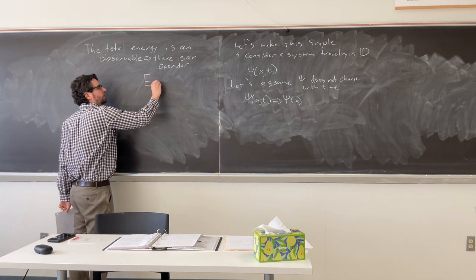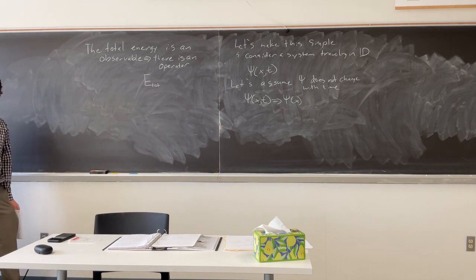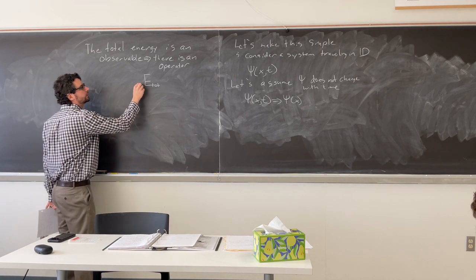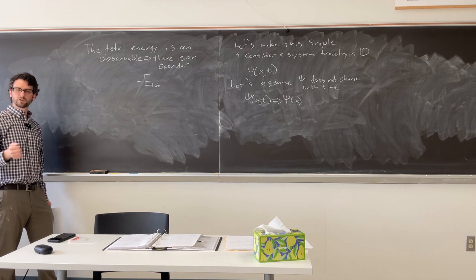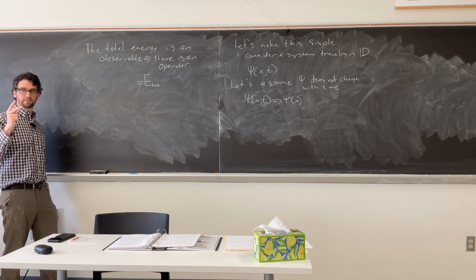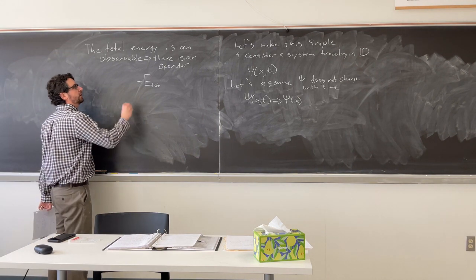So I'm looking for the total energy of our system. In quantum mechanics, how would I have to compute that? What two things do I need to know? Yep, you got to know the operator and the wave function.